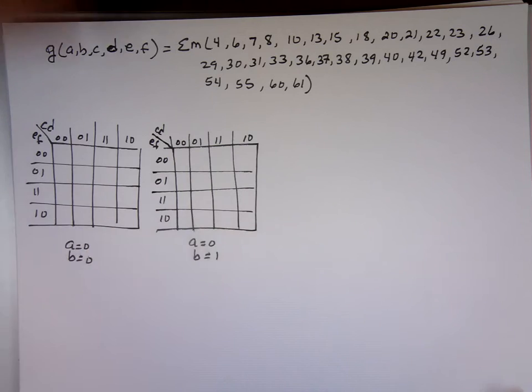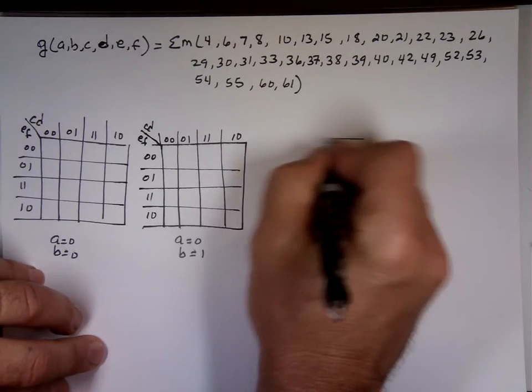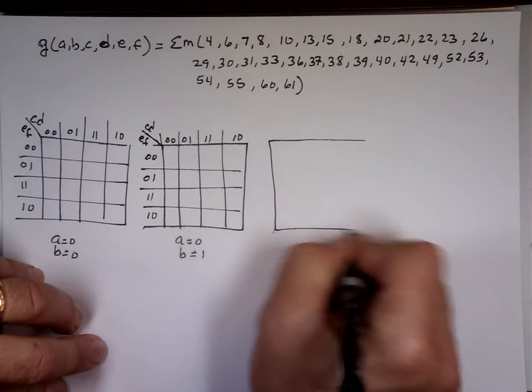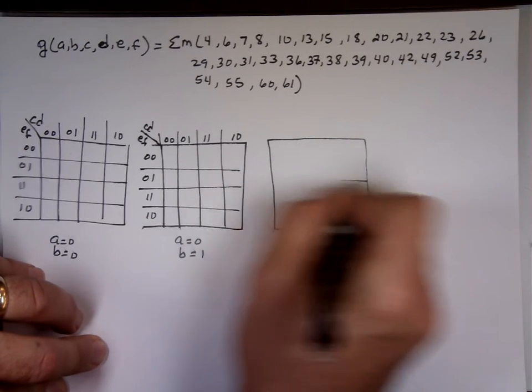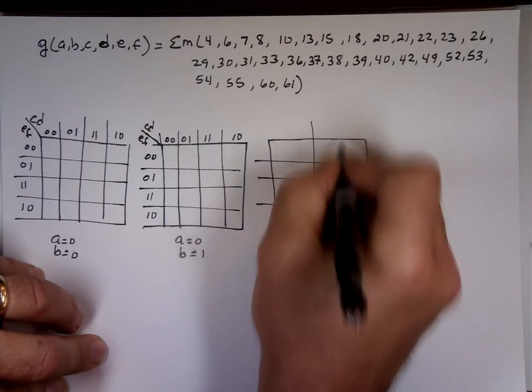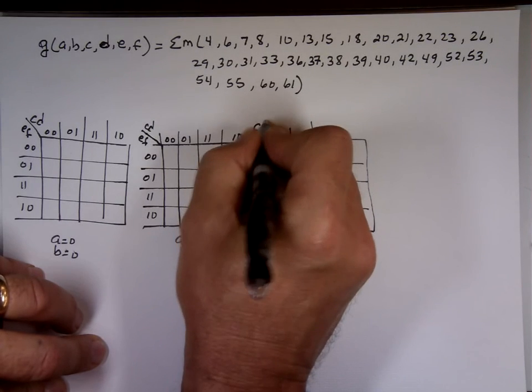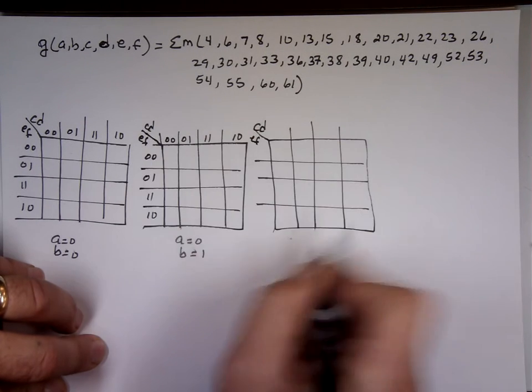Two more. C, D, E, F. A equals 1, B equals 1.